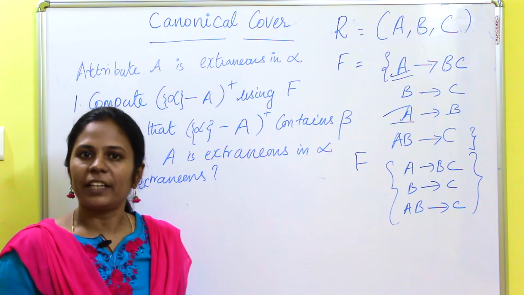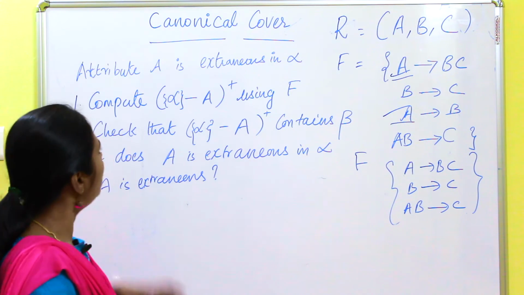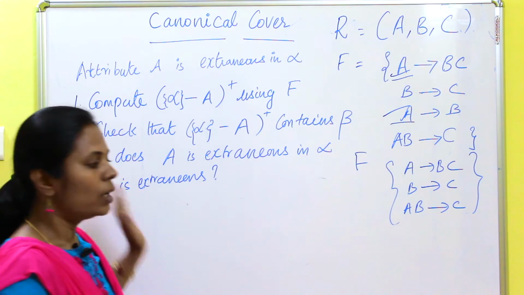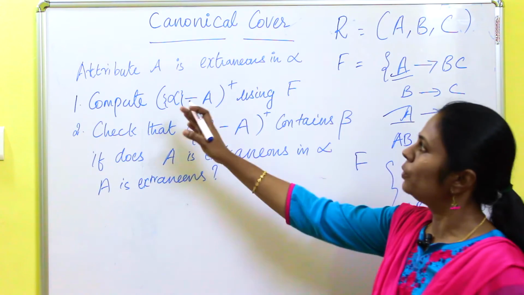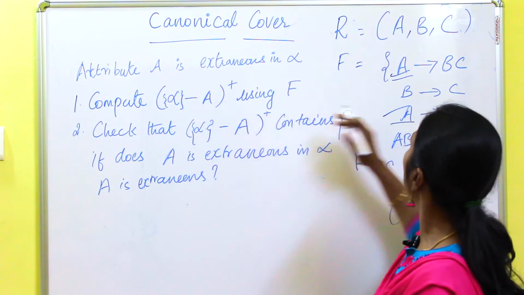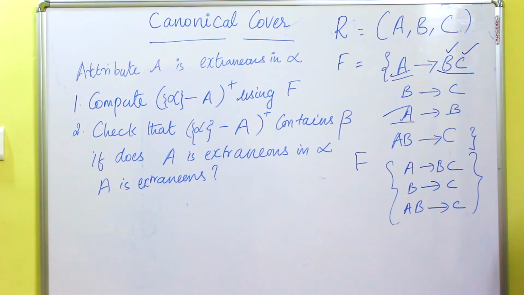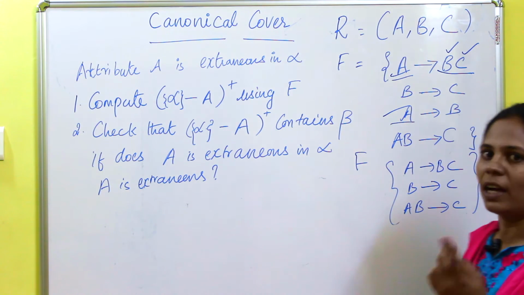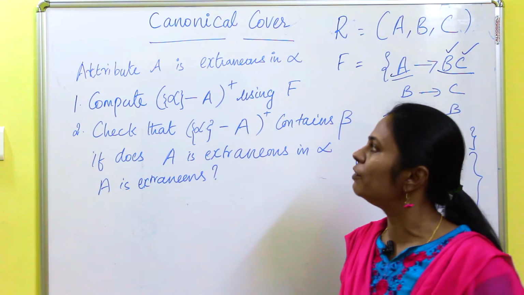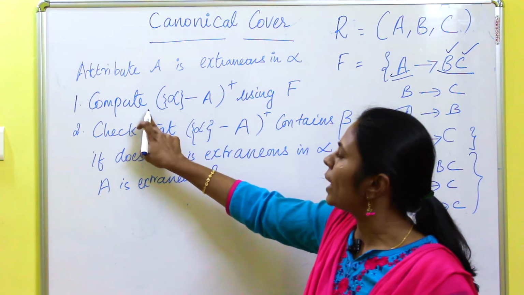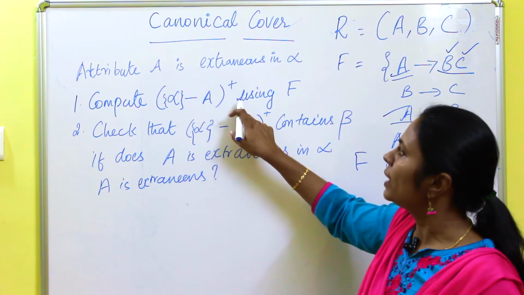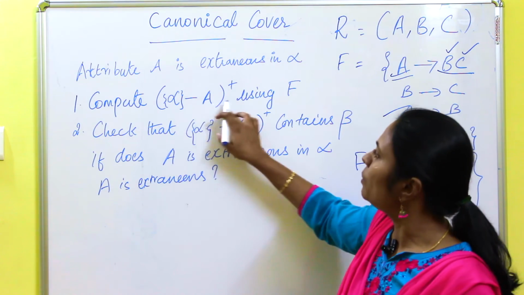After finding the new functional dependency, we will go on to attribute closure, for finding which attribute is extraneous in alpha. For that we have two rules defined in our formula. First, you should calculate alpha minus A, plus, that means attribute closure.